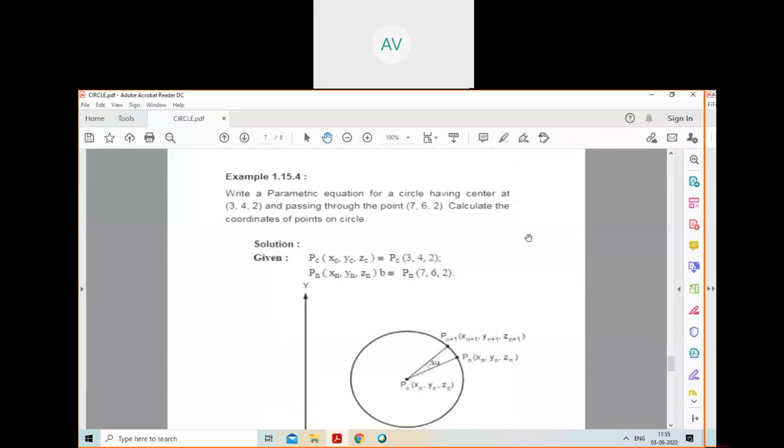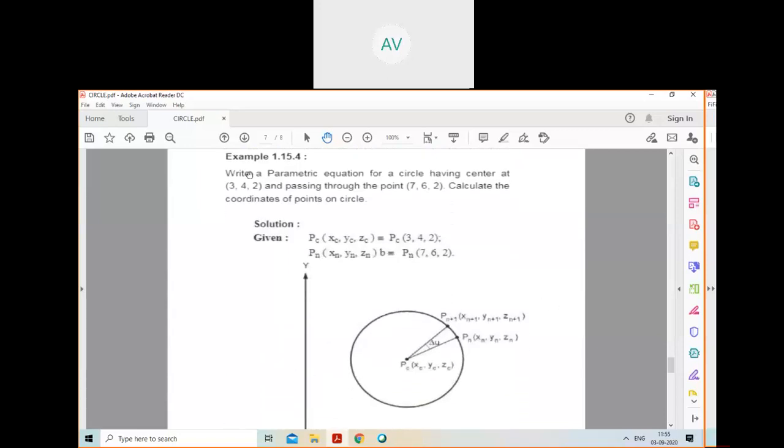Okay. Next numerical: a parametric equation for a circle having a center at 3, 4, 2. This is the center, meaning xc is 3, yc is 4 and zc is 2. The circle passes through the point 7, 6, 2, meaning the first point is there, and this will be the xn, yn, zn.